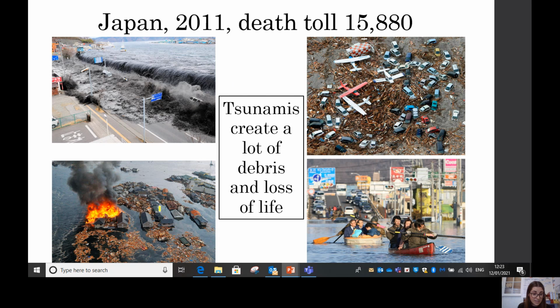In this bottom picture, we can see where the tsunami has come and flooded all of these houses, but there was also still a fire occurring from a gas pipe or something which has managed to burst under the ground. And as you can see, even though they are obviously very severe, survivors do always manage to somehow get out of these situations. There is always hope.